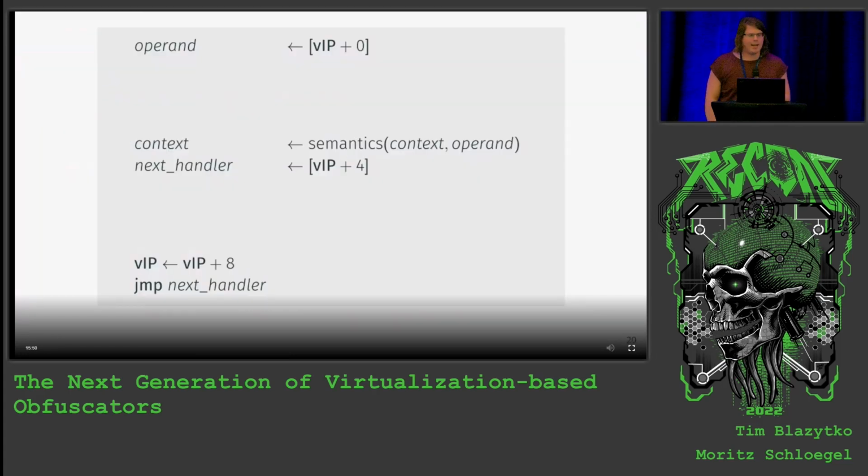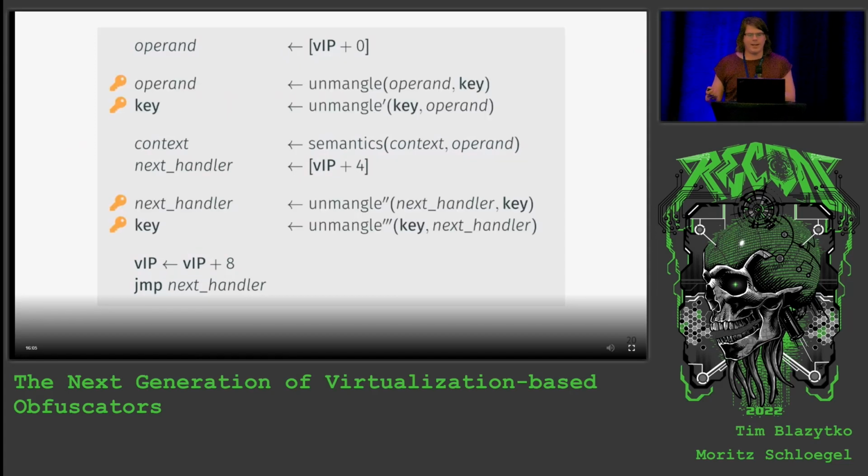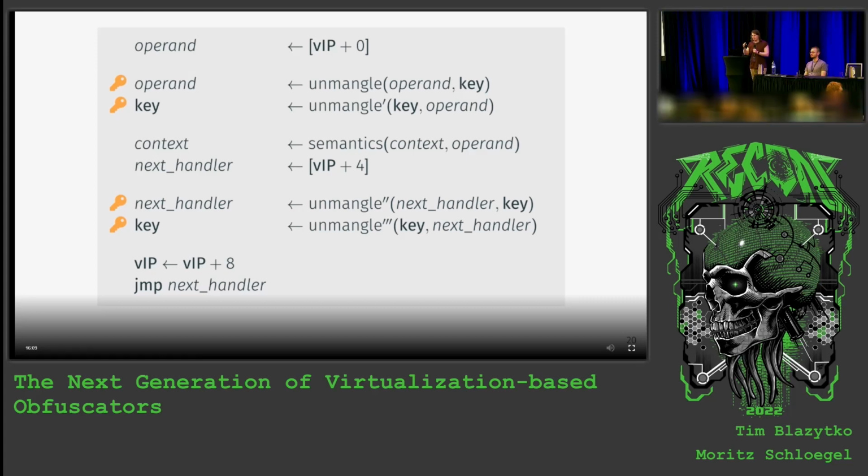So if we have a handler which looks like that, like we have an operand, we have a VM context where we basically perform some semantic operations like an addition or multiplication, and then we jump to the next handler. Now we add some dedicated decryption routines. The operand we read from the bytecode is encrypted, and we decrypt it with a key.